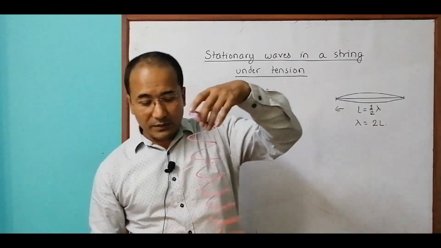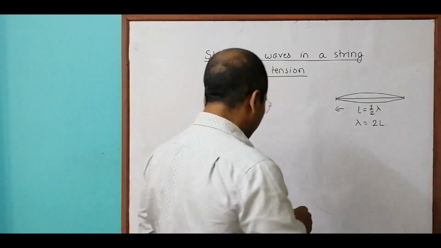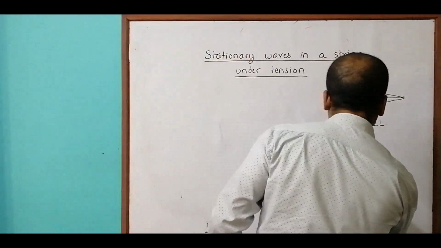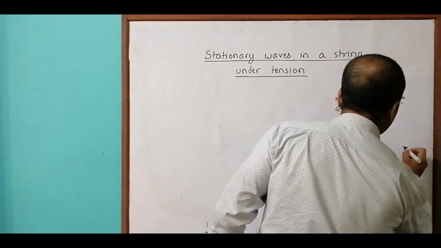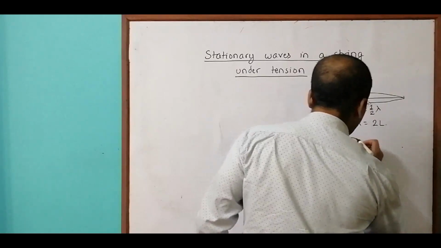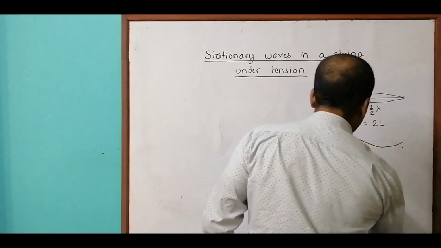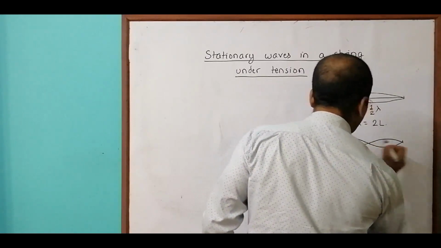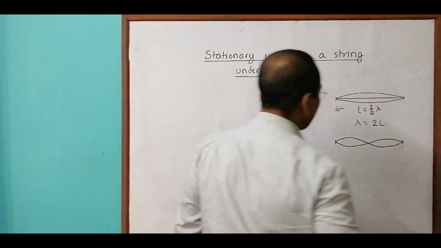So now the mode of vibration is somewhat like this. This is the end of the string, this is the end of the string, this is the middle. So it is somewhat vibrating like this. These are the modes of vibration.